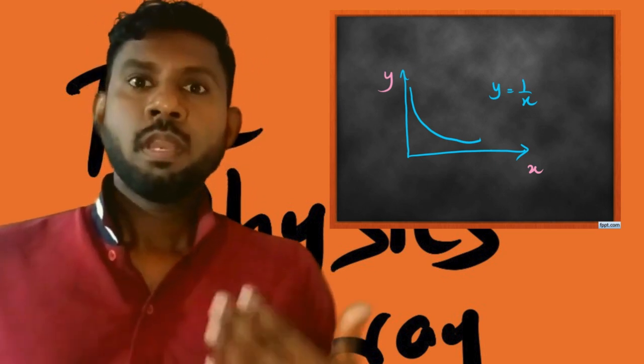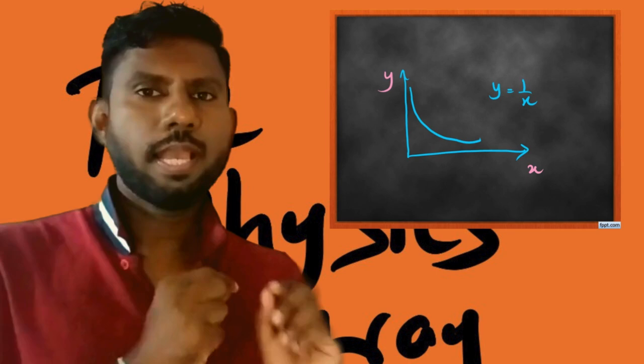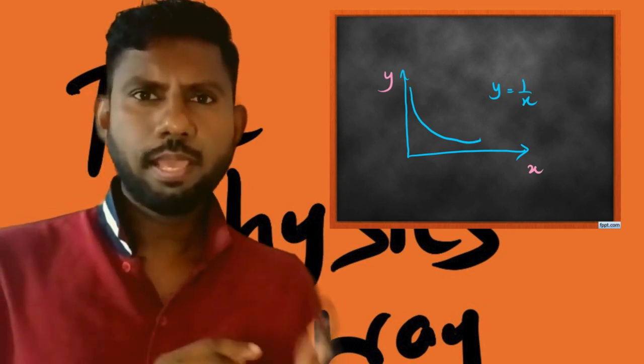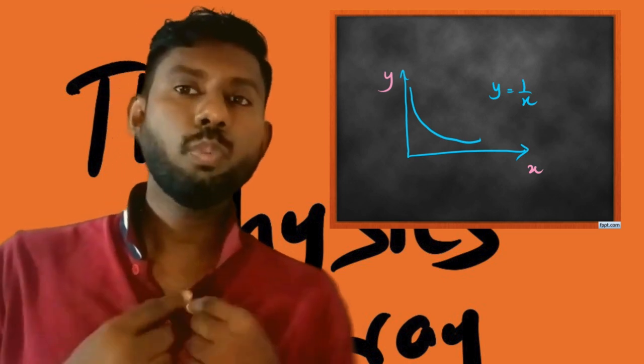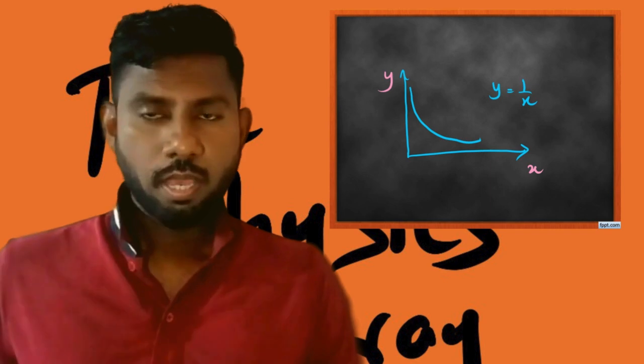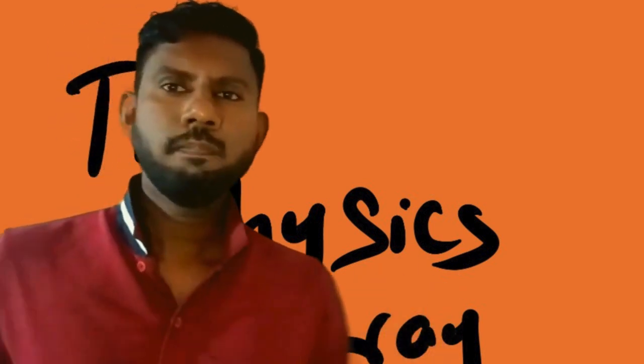When analyzing graphs like that, you have to see where x goes. When x is at infinity, y becomes 0, and when x is 0, y is infinity. And some other questions you will be getting, where x is 0, y has a value, and when x is infinity, y is 0, something like that. So these type of questions are also there.